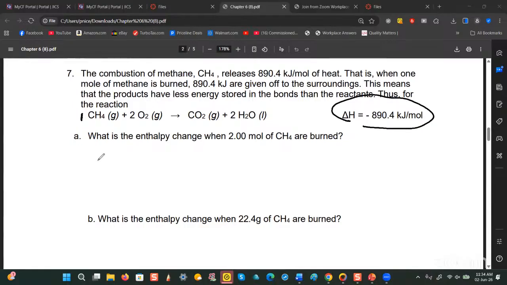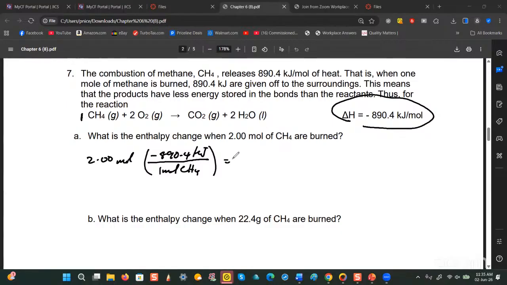So therefore, what we can do is write down where we're going to start off with 2.00 moles. And we're going to multiply by a conversion factor, which represents the relationship that I just mentioned. Basically, you're going to have minus 890.4 kilojoules for every 1 mole of methane.